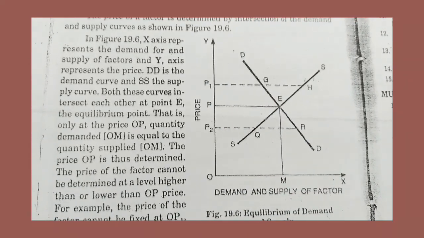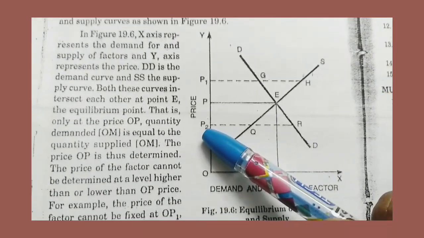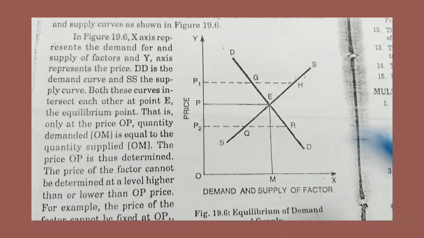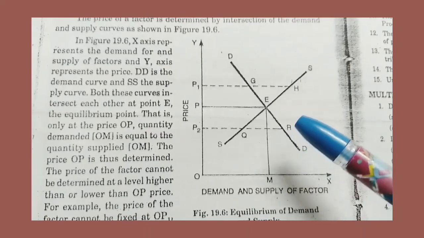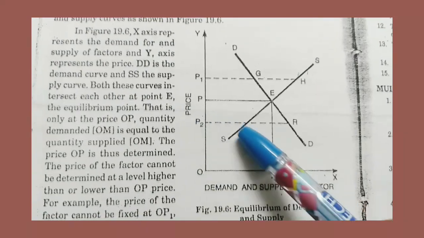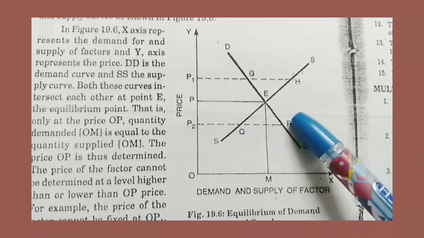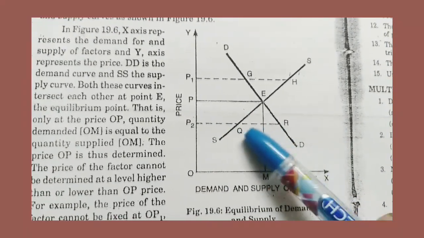Similarly, the price cannot be fixed at OP2, because at price OP2, the quantity demanded, P2R, is greater than the quantity supplied. The supply is P2Q, the demand is P2R. So this is called excess demand.